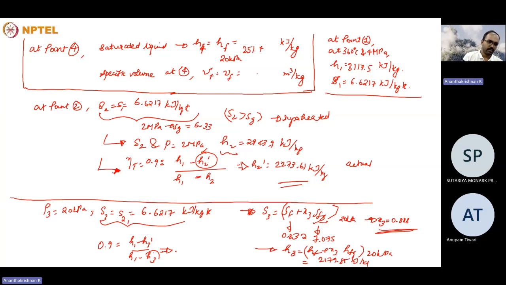So then we have to substitute that H3 here to calculate H3 dash. So H3 dash will be equal to 2273.6 kilojoule per kg.